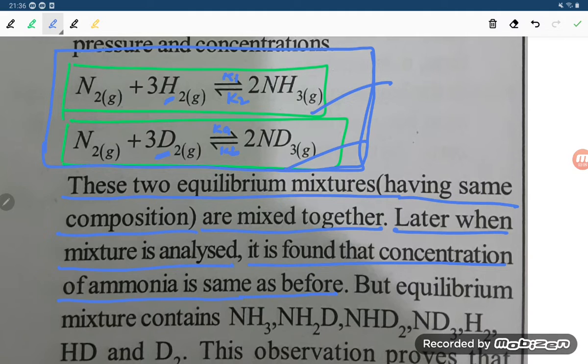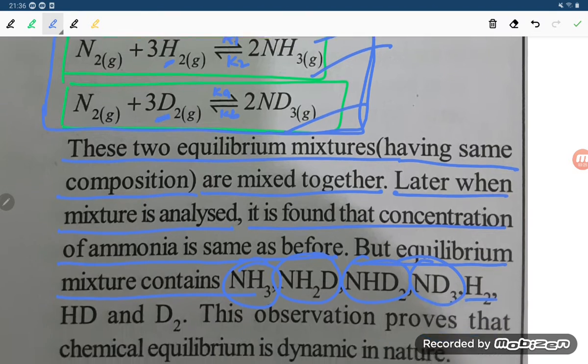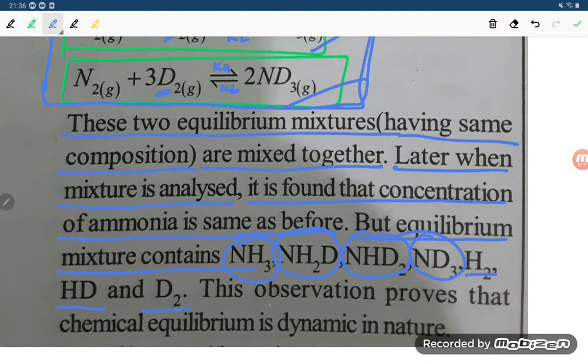But the equilibrium mixture contains NH3, NH2D, NHD2, ND3, H2, HD, D2. This observation proved the dynamic nature of chemical equilibrium.